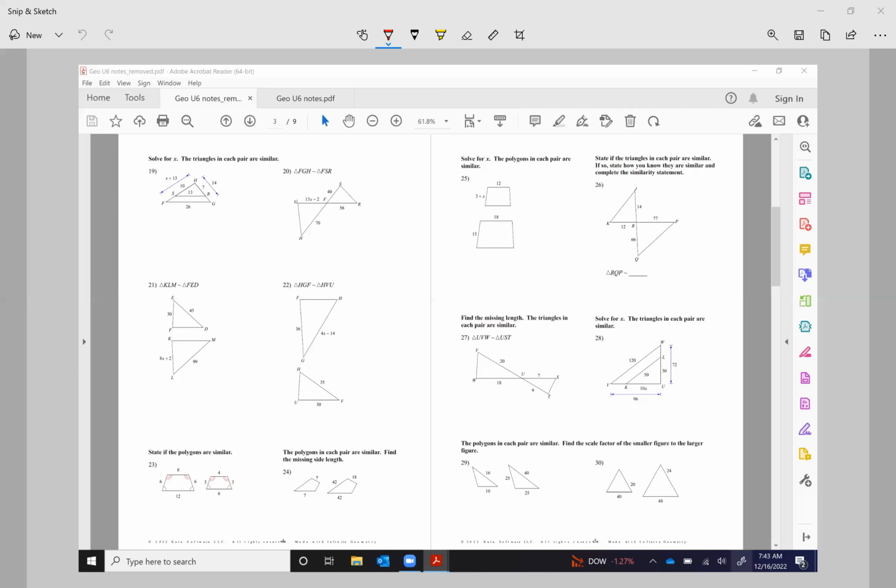Now B. Let me ask you guys this. Think about it. Am I going to complete this as AML or ALM? Like, order does matter. What's my second measurement? M or L? What's the second letter? Is it going to be AML or ALM? All right, let me help you guys out. For the second letter, I see the measurement here at ABC, so the first two letters are AB.